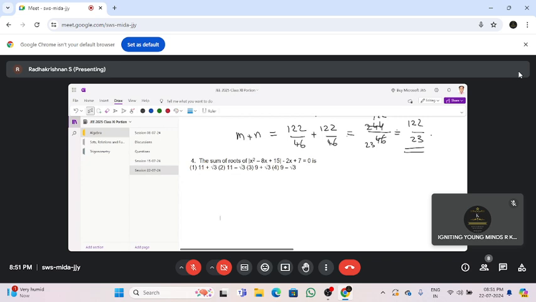Exactly. So what are the critical points? x minus 5, x minus 3. So 5 and 3 are the critical points. Correct.